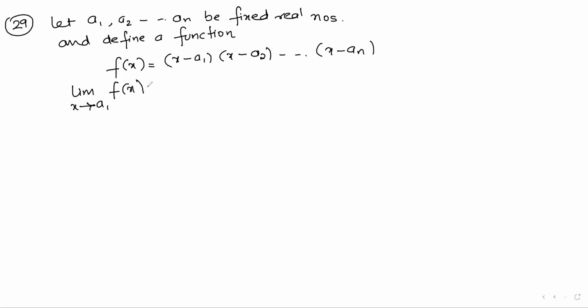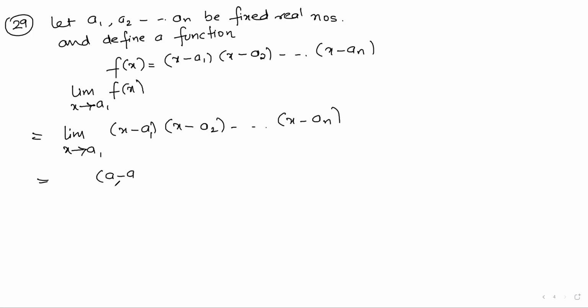First we need to find this. So what this will become: limit x tends to a1 of (x minus a1)(x minus a2) and so on up to (x minus an). So when we put this limit, this becomes (a1 minus a1)(a1 minus a2) and so on up to (a1 minus an).